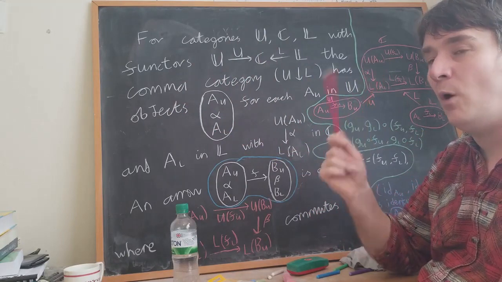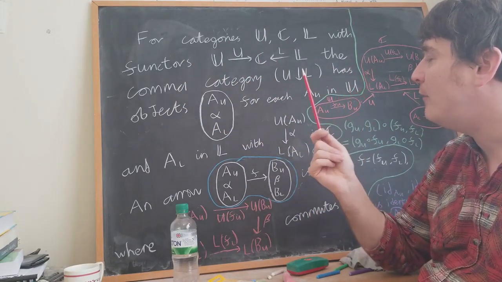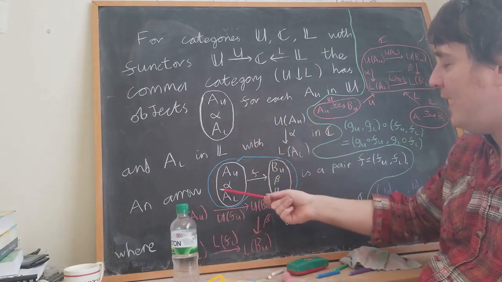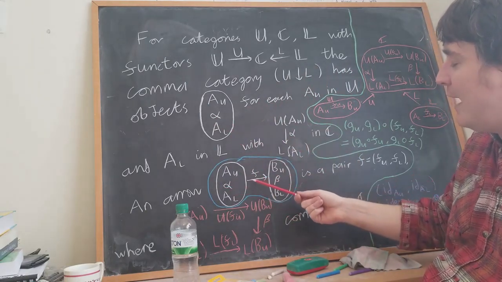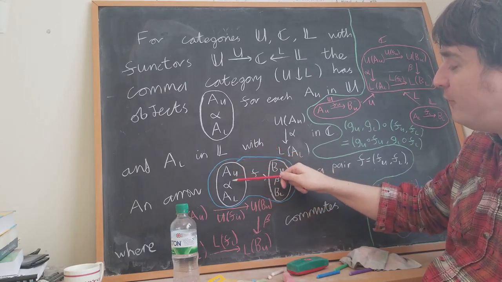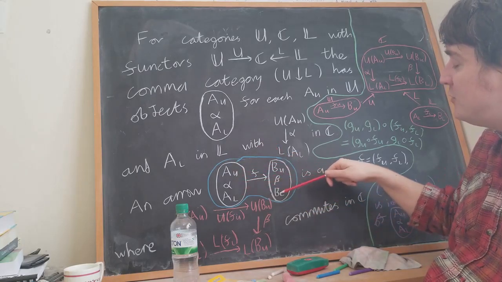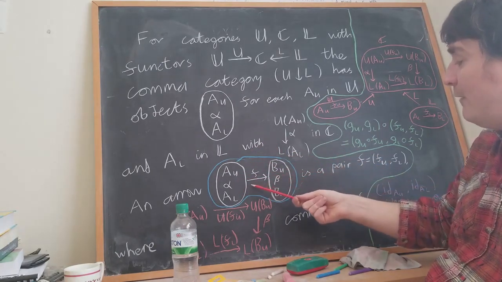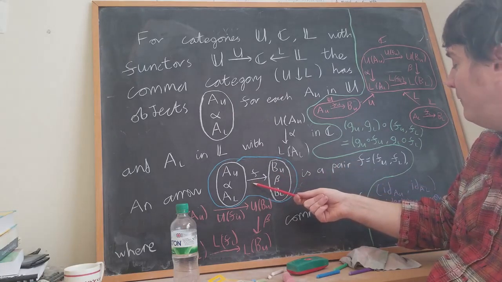Okay, so what about the arrows in the comma category then? Well, we can have arrows like this. So an arrow we'll call F, which somehow goes from this triple, A of U, alpha, A of L, to this triple, B of U, beta, B of L. So what's an arrow like this actually consist of?